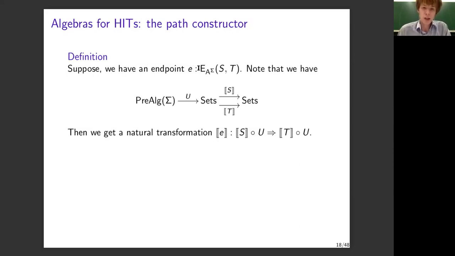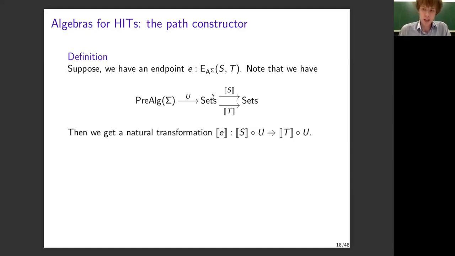So suppose we have an endpoint like this. Here we have the point constructor of sigma, and we have source and target. Then we have a diagram like this. So here we have a functor from pre-algebras to sets.